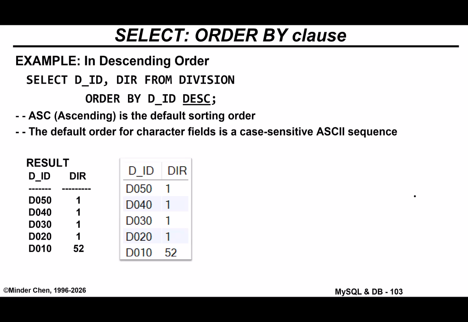So this is once again descending, ascending. If it's ascending, you don't have to say it. If it's descending, then you have to specify it. So in this case, let's take a look.